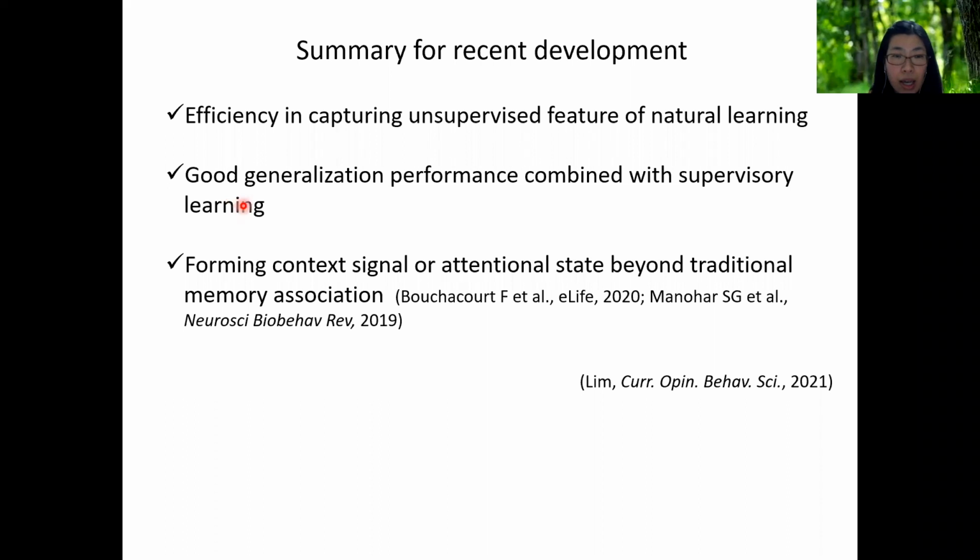Also, I didn't discuss it here, but beyond this traditional memory association, recent work highlights that Hebbian learning and its variant forms can underlie the formation of the context signal or the attentional state.